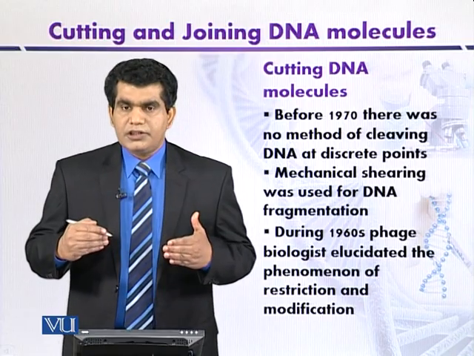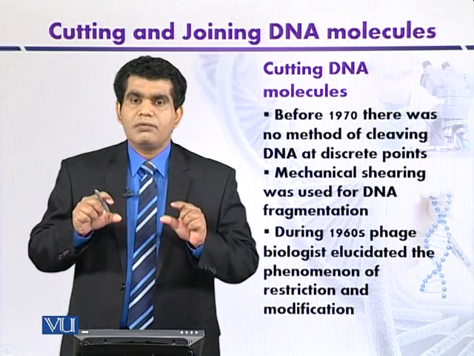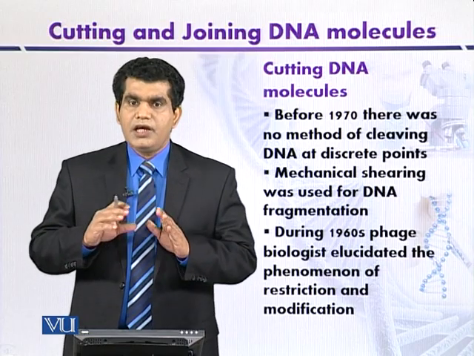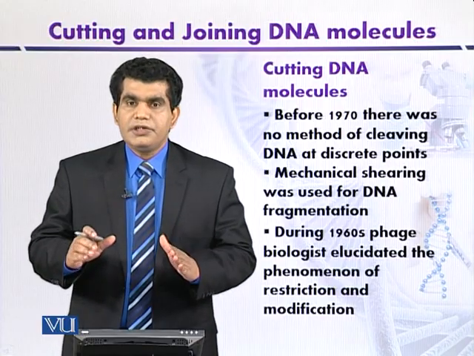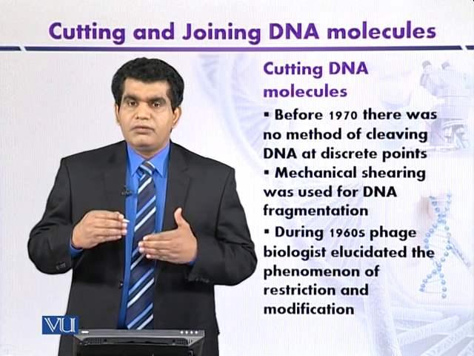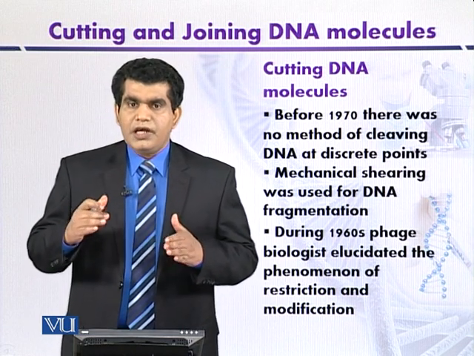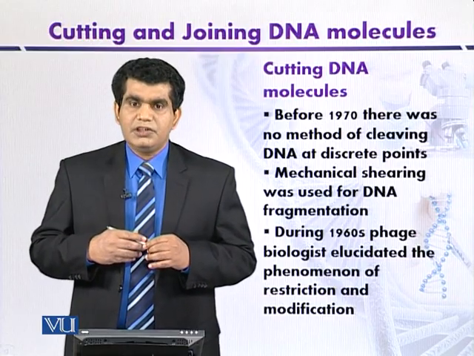The reason was that it can cut the DNA fragment at a particular recognition site, and within a recognition site it can cut the DNA into discrete fragments. Now the desirable fragments were obtained, and then they could be used in the field of gene manipulation.